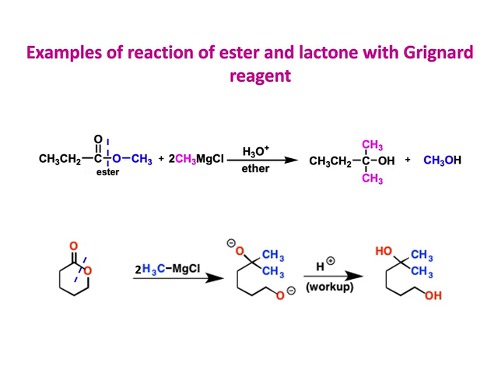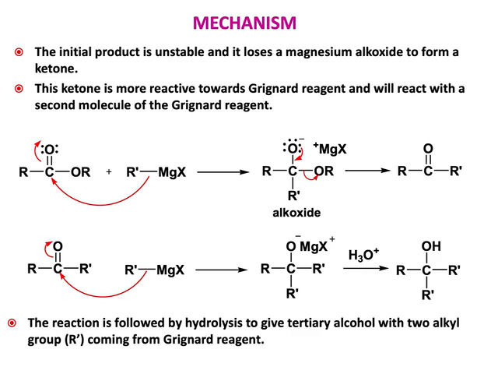Here is an example. Now the mechanism: ketone is more reactive toward Grignard reagent, and it reacts with a second molecule of Grignard reagent. That's why we use 2 moles of Grignard reagent.